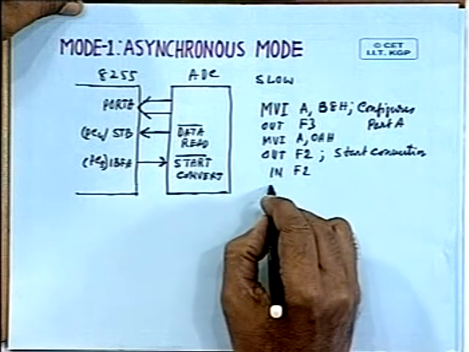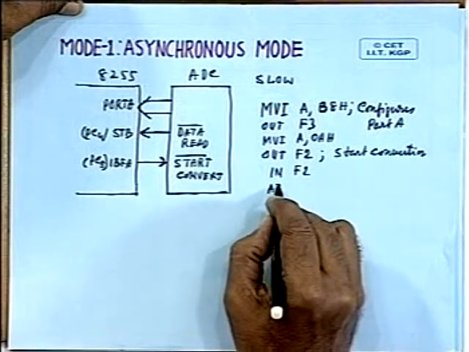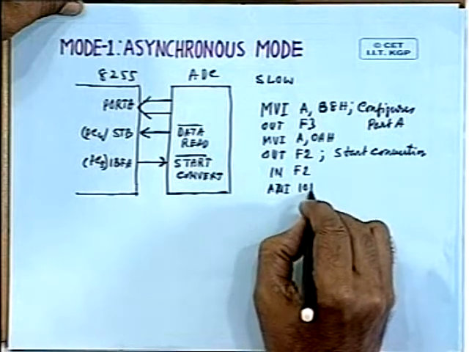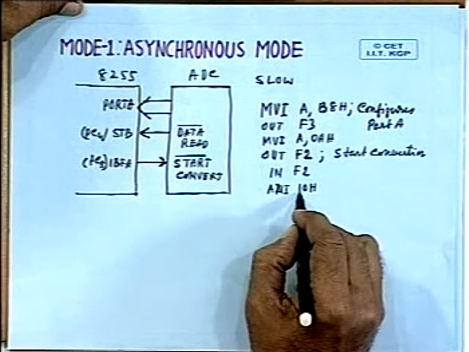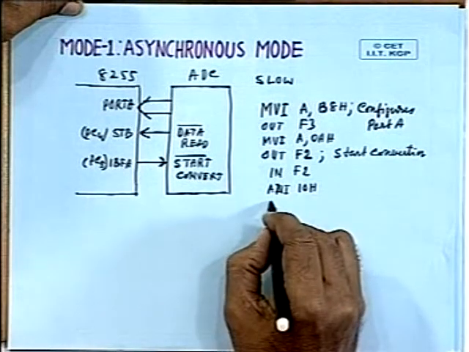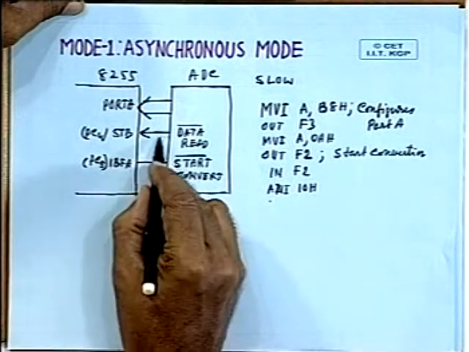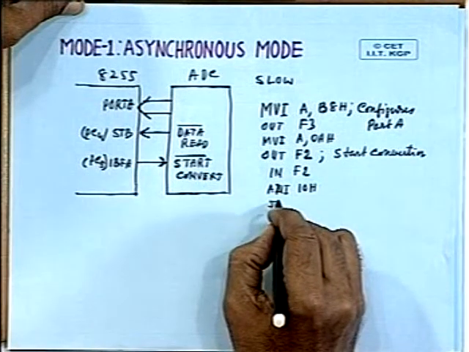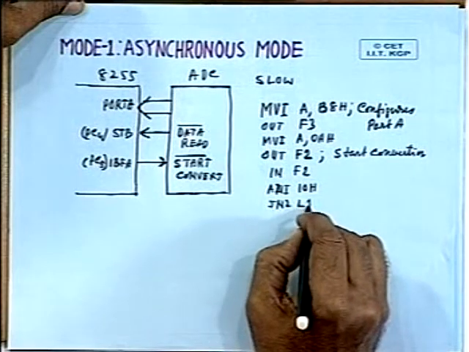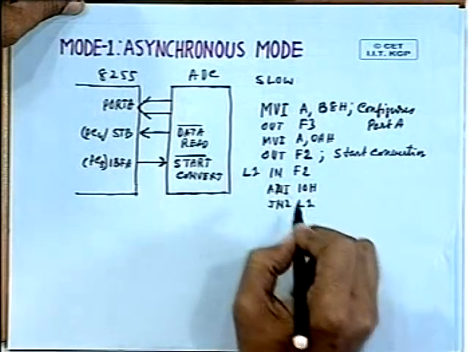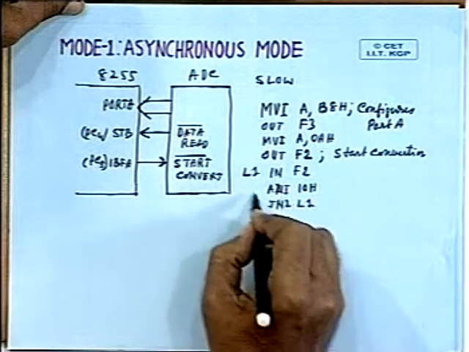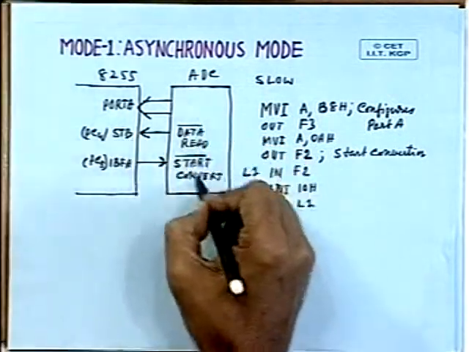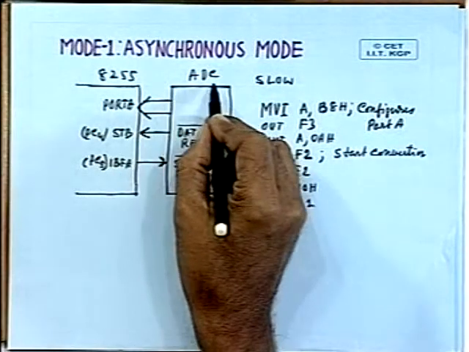It will read it and check this bit: ANI 10, bit 4, it will compare and check whether it is 1 or not, 10 in hex. Then if it is not 0, it will keep on looping. So it will JNZ loop 1. So you see here it will keep on looping to check the status of the device, IO device. In this case it is AD converter.